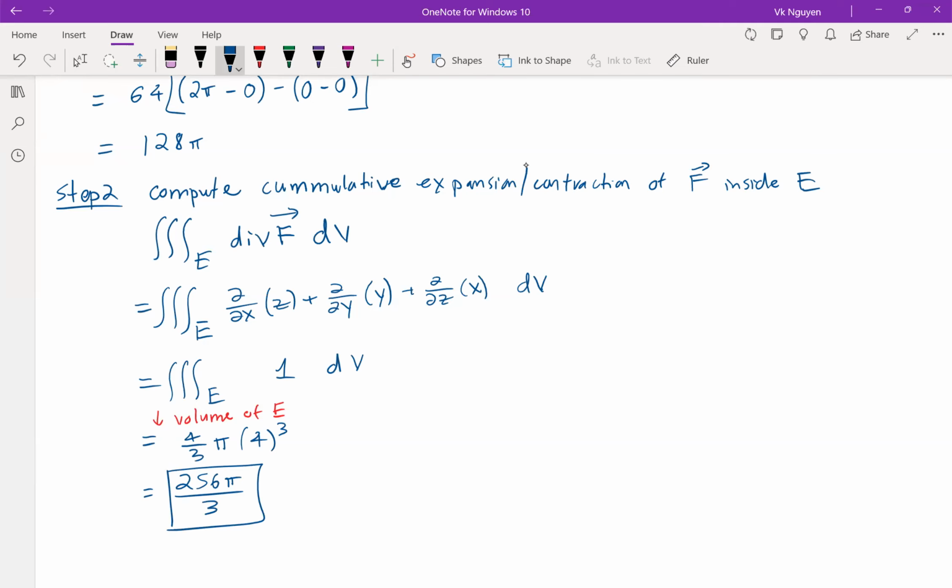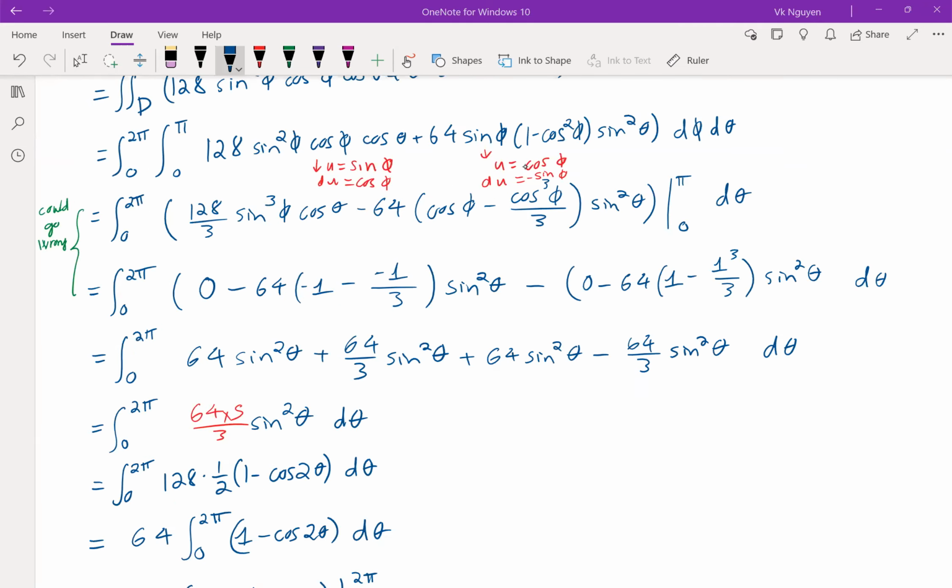Okay, so that means something went wrong in here. Negative 64 minus 1. Oh, let me see.